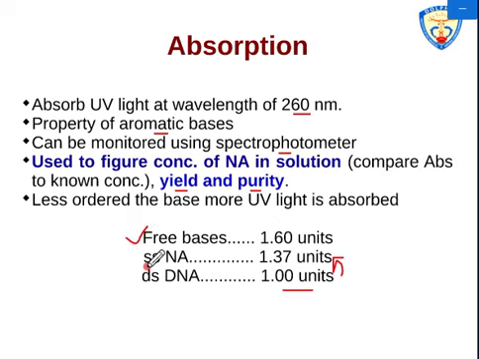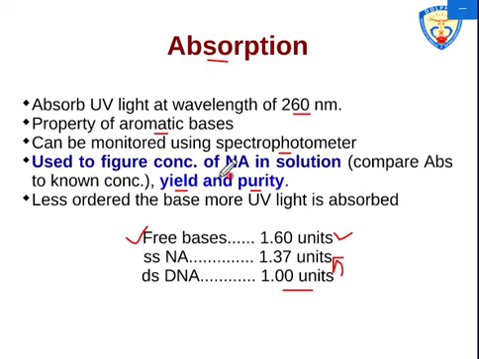So when we measure the absorption value of these free nitrogenous bases in solution, the value increases by 60%. So if you have set the initial value to be 1 unit, the final value will become 1.60. So we can find out whether we have a sample of denatured DNA or a sample of double-stranded DNA by the property of absorption.